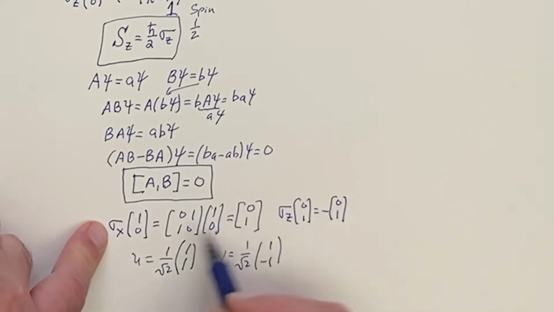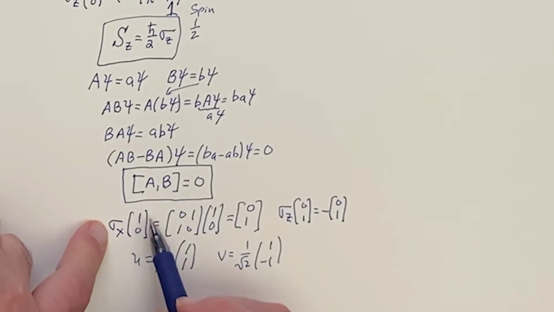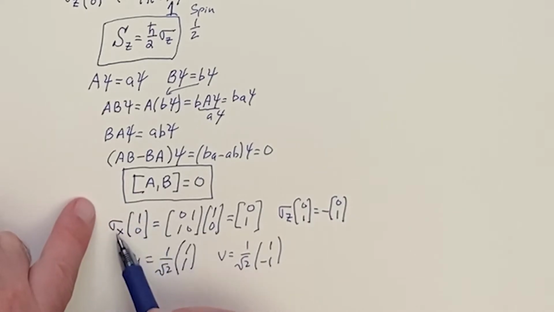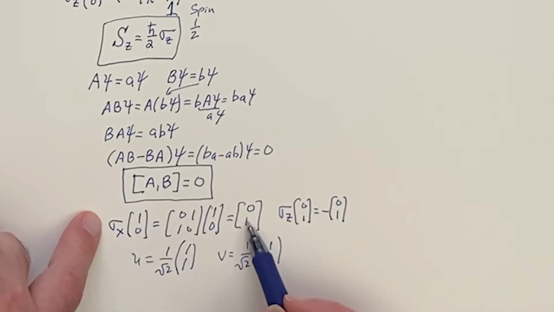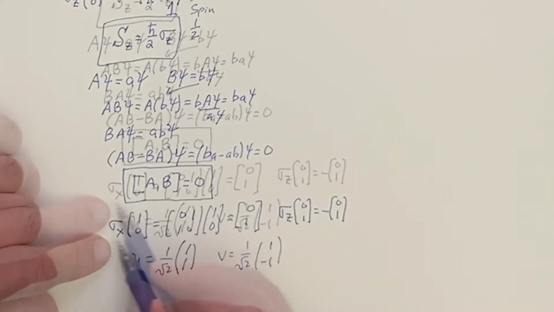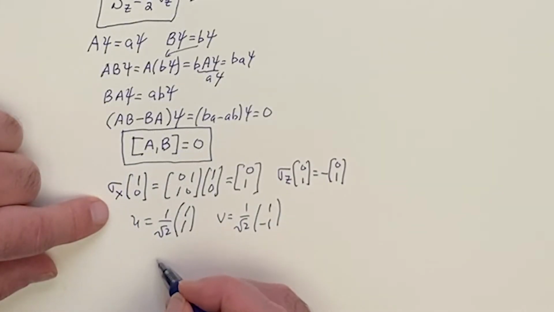So making the measurement of Z on this would give you the +1 eigenvalue, but then if you operate with this measurement, change the state, and now do the measurement, you get something different. You get the -1.